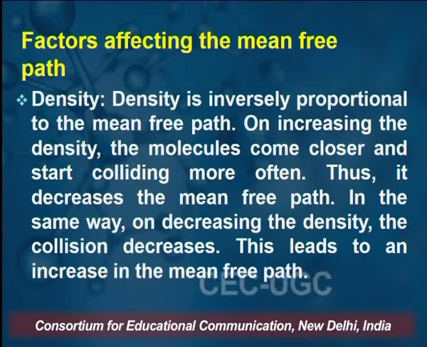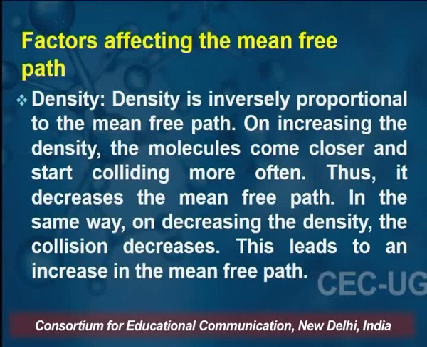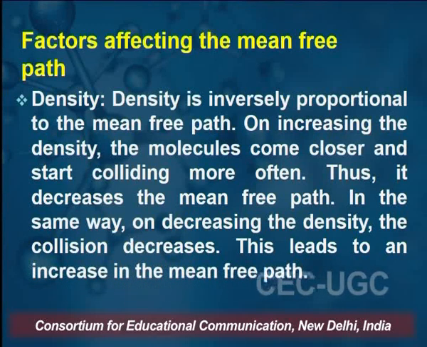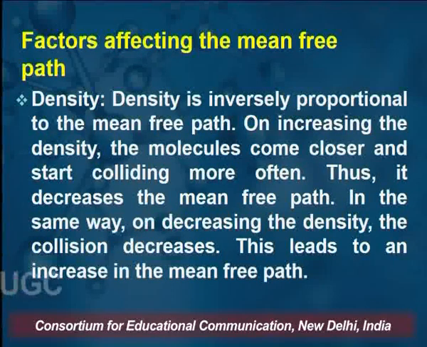Thus, it decreases the mean free path because the number of collisions occurs in the denominator of the expression. If that increases, the mean free path has to decrease. In the same way, on decreasing the density, the collisions decrease. This leads to an increase in the mean free path.